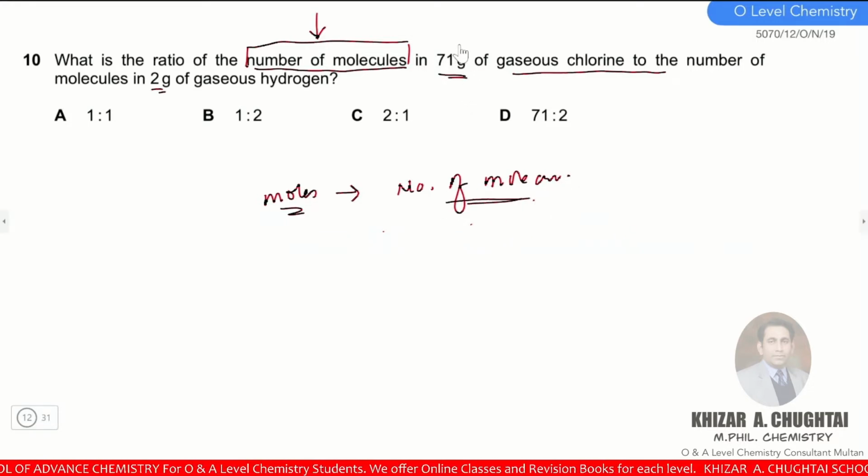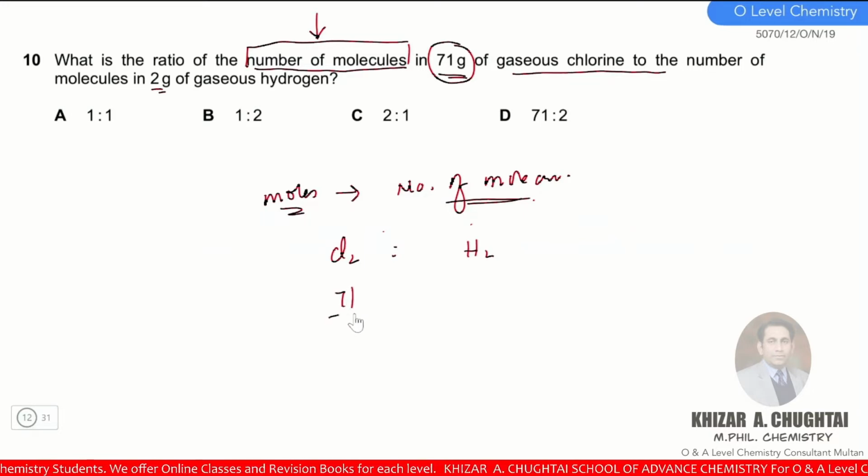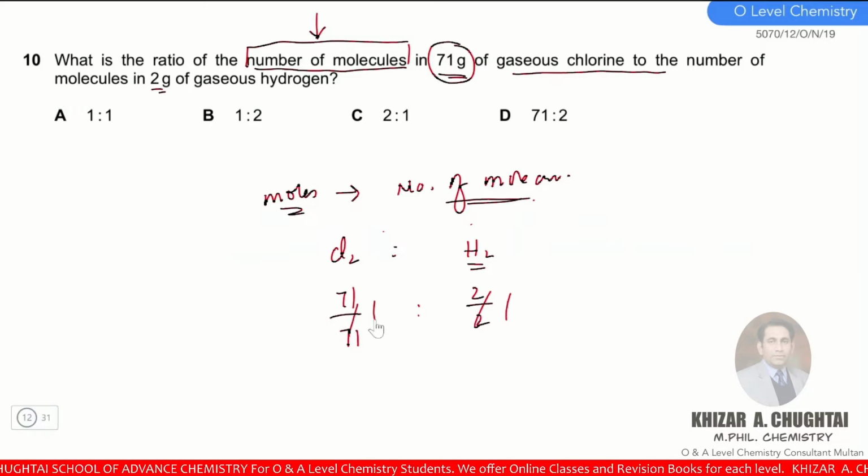So first of all, I'm going to find the mole of chlorine versus the mole of hydrogen. 71 is the mass of chlorine, 2 gram is the mass of hydrogen. 71 divided by its Mr, that is again 71, ratio 2 divided by Mr of hydrogen, that is also 2. So 1 ratio 1.